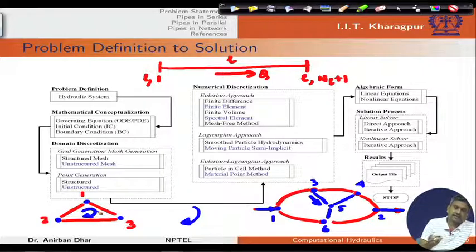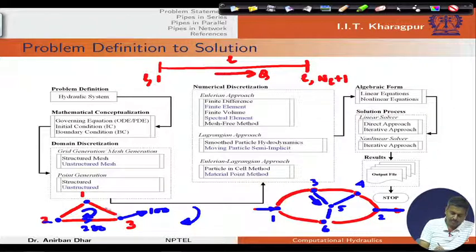So, let us say that initially I am specifying some numbers as initial guess for my network. Let us say that at this node number 3 I have a demand of 100 units, and flow which is coming from 2 to 3, it is 200.